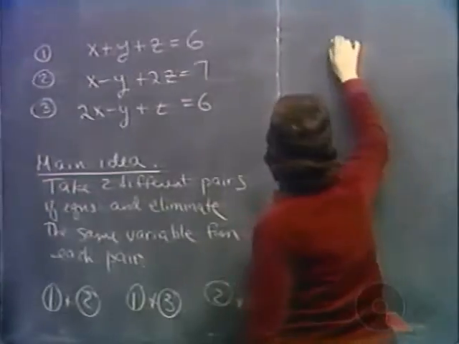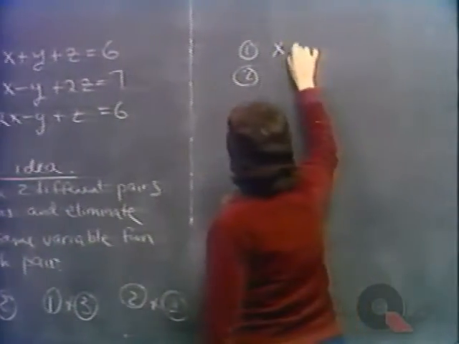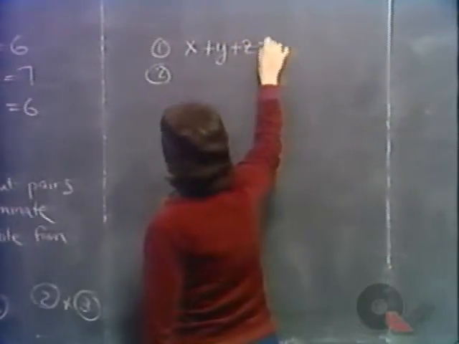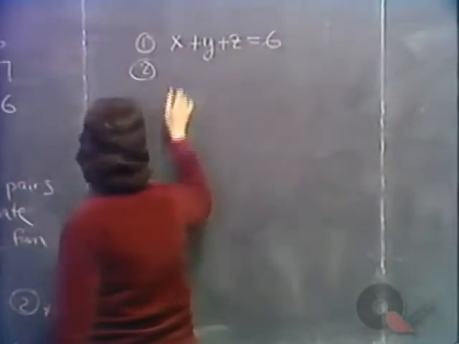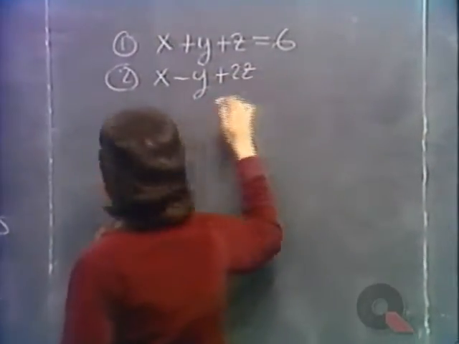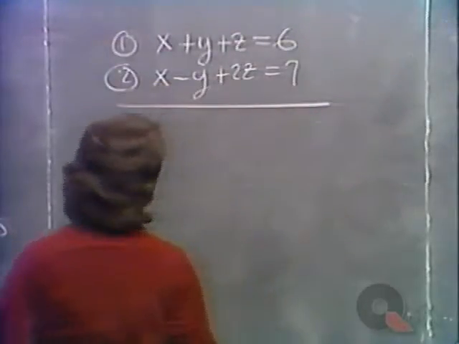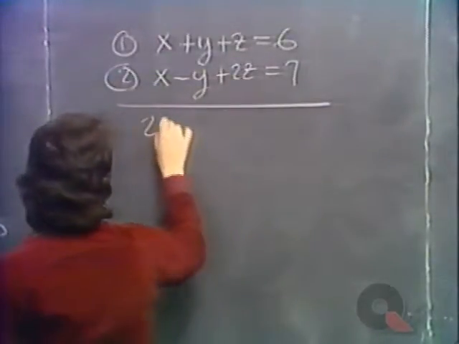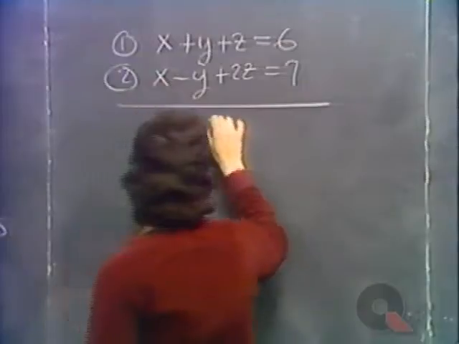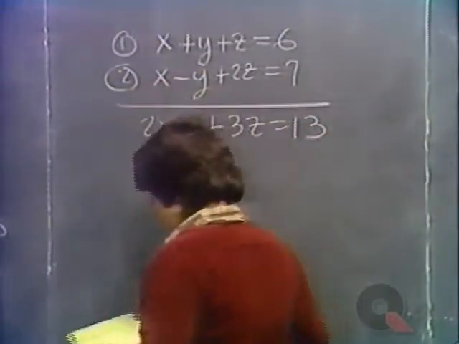Okay, so we take equation 1 and equation 2. Equation 1 was x plus y plus z equals 6. And equation 2, x minus y plus 2z equals 7. We add equations 1 and 2. The y drops out, and we get 2x plus 0y, okay, 2x plus 3z equals 13.